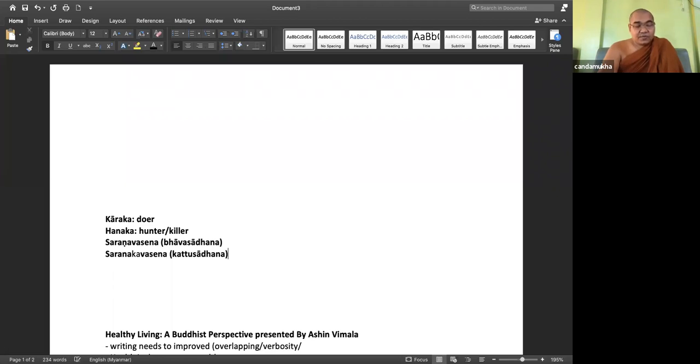In that case, you have to divide it as vadditamattam edam. Edam refers to the words anusati and patisati. The words anusati and patisati are merely increased or developed by means of upasakavasena. So va means alternatively.